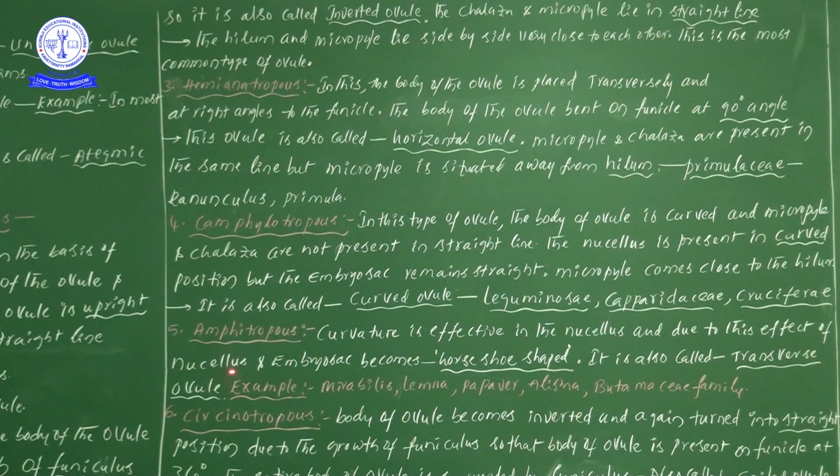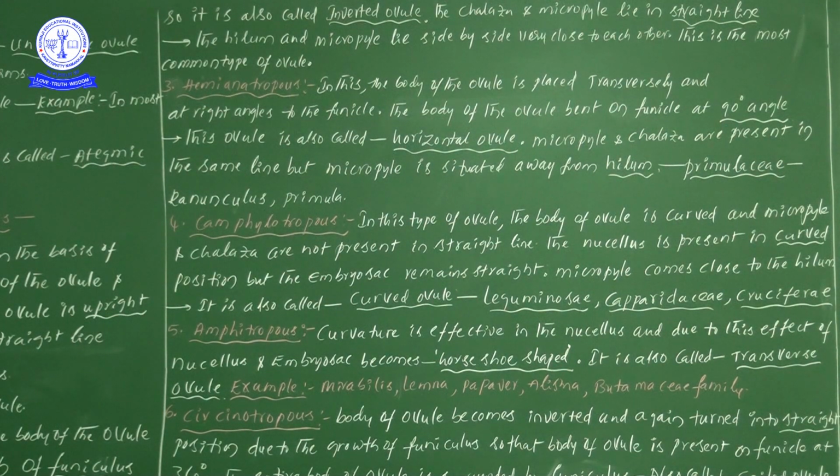Due to the effect of the curvature in the nucellus, not only the nucellus but even the embryo sac becomes horseshoe shaped.